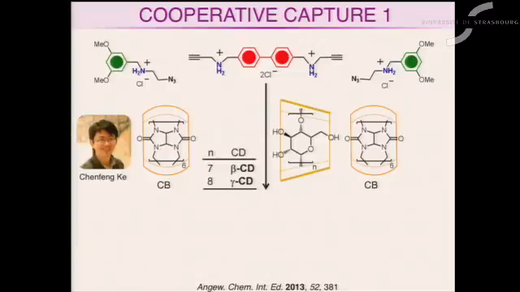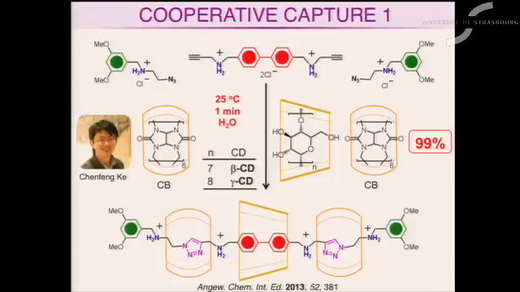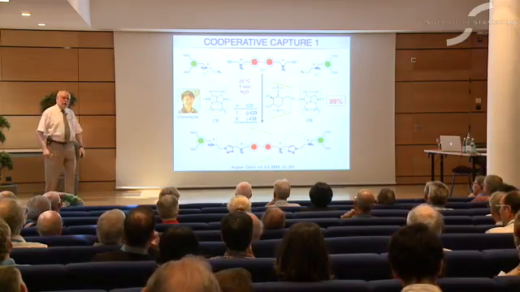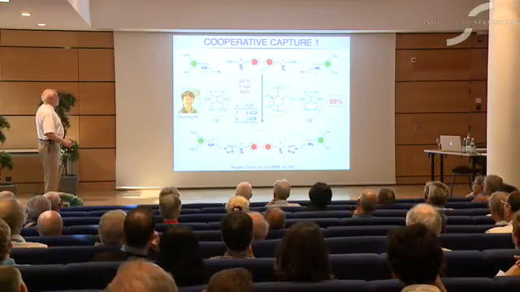And so Chen Feng devised this route to a rotaxane where the formation takes place in a minute at room temperature in water, and it's quantitative. And the situation here is that you build a 6 atom unit between these two ammonium sites, and this is just perfect to get this wonderful fit within the cucurbituril cavity of this triazole unit.